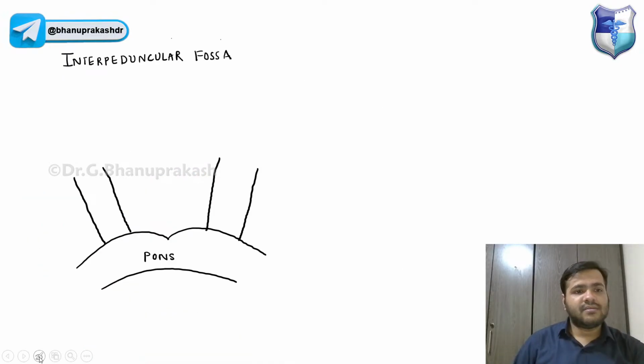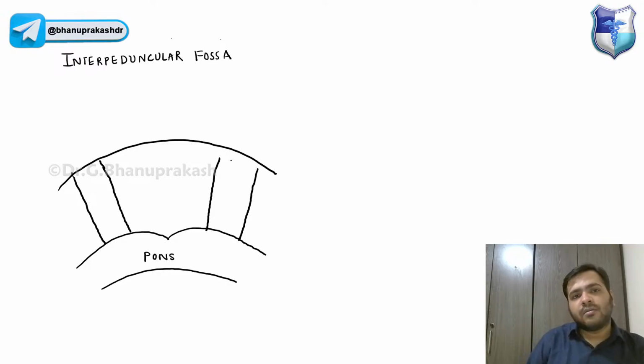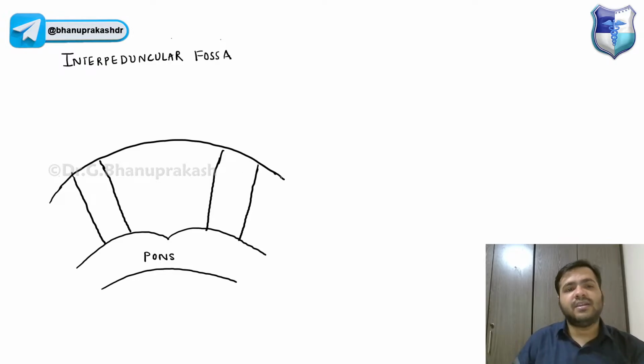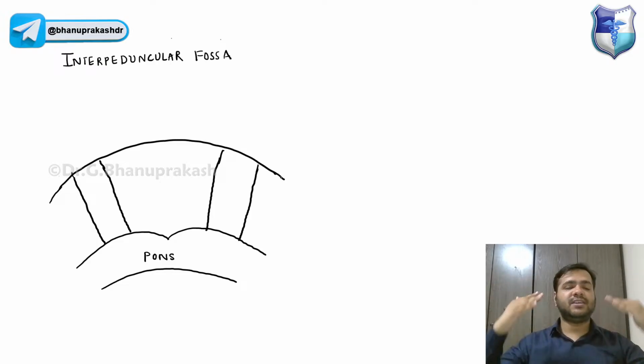So let us now try to focus on the interpeduncular fossa. And guys, you already know in the front we have the optic chiasma, right? Anterolaterally, basically it is going behind, from the pons to the back.